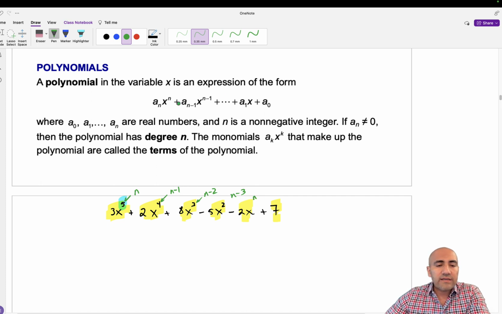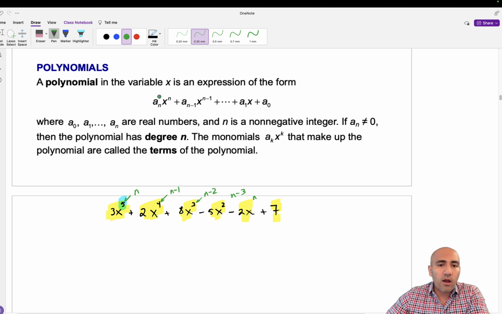Now, this is a generic statement. We don't know where n goes, so it just says dot, dot, dot, keeps going, and eventually, as you walk down, see how we walk down from 5, 4, 3, 2, 1, right? If there's nothing there, by default, there's a 1, then a 0.